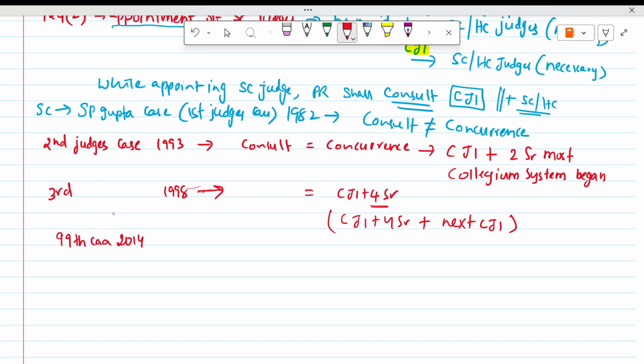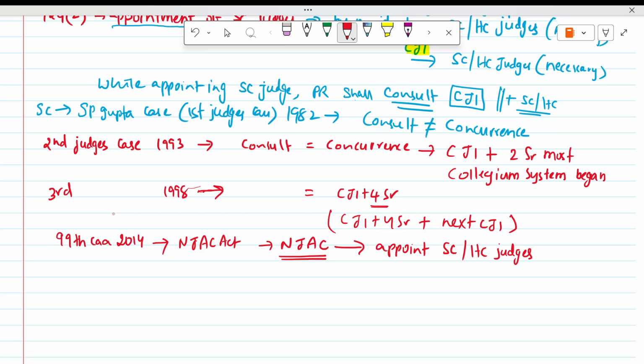The 99th Constitutional Amendment Act has created the NJAC Act also, and there is the National Judicial Appointments Commission. This will appoint Supreme Court or even High Court judges. This is what the 99th Constitutional Amendment Act in 2014 brought.